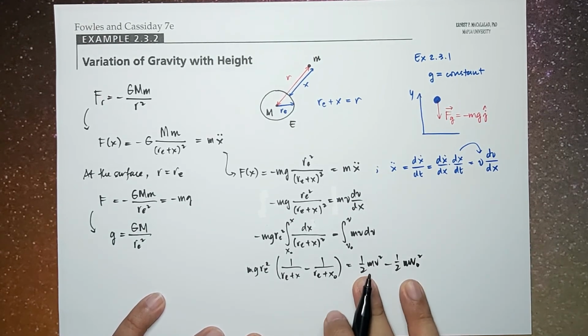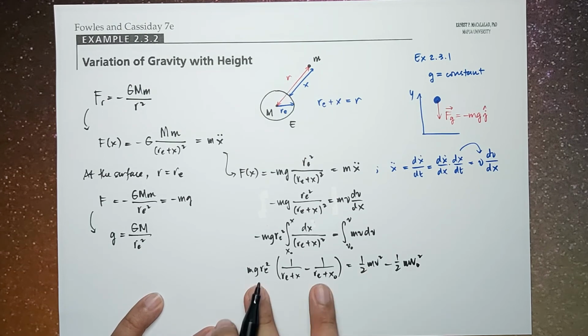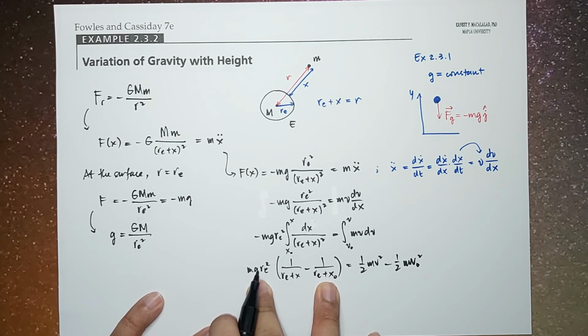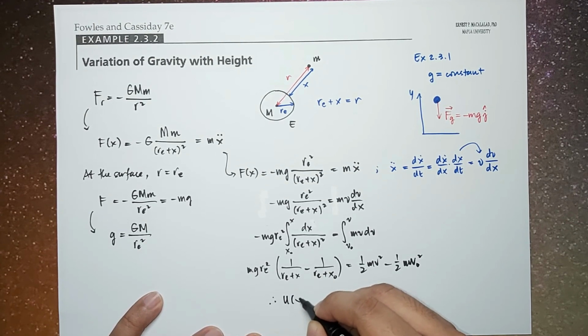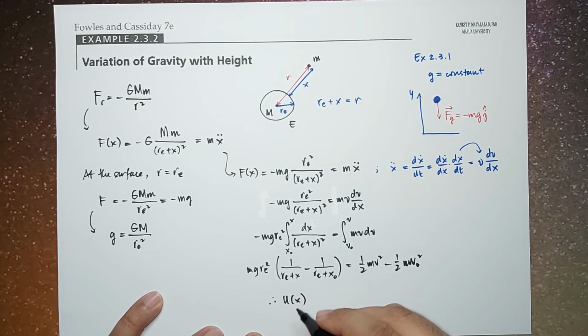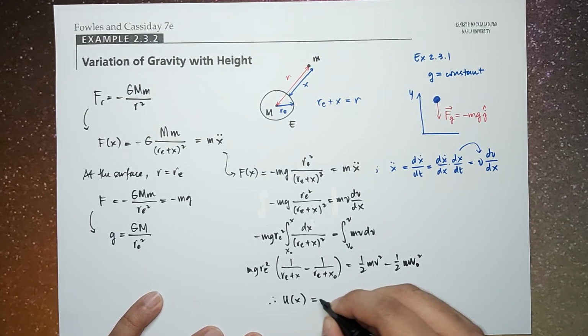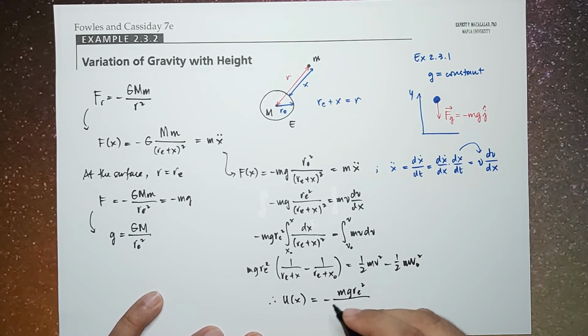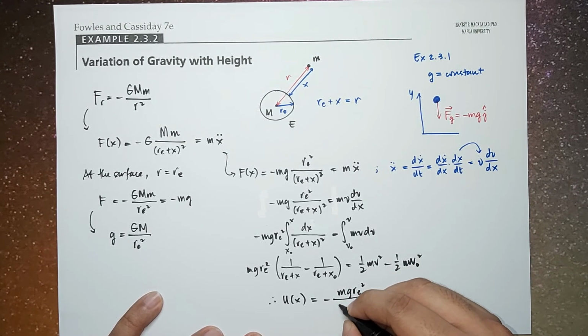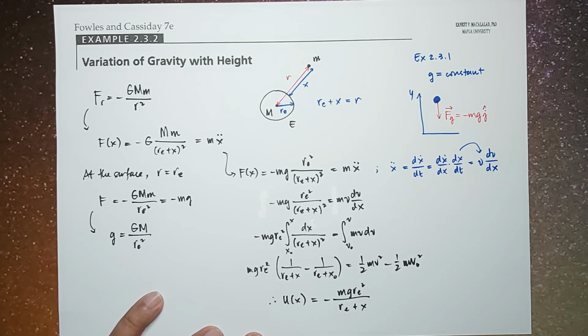So you will notice that this is just your kinetic energy, therefore this would be your potential energy. So the potential energy as a function of position will now be equal to negative mg R_E squared over (R_E plus x).